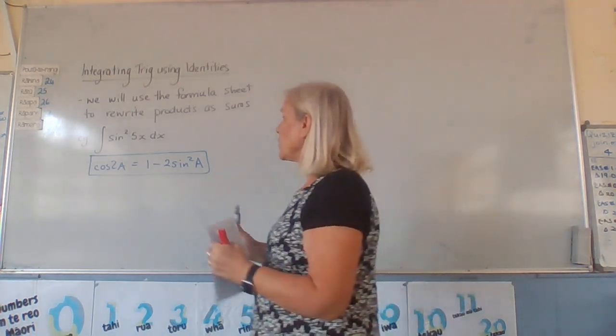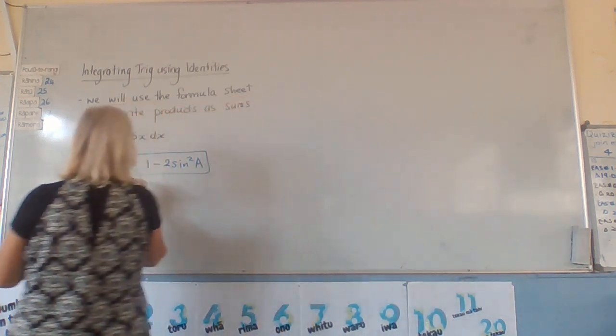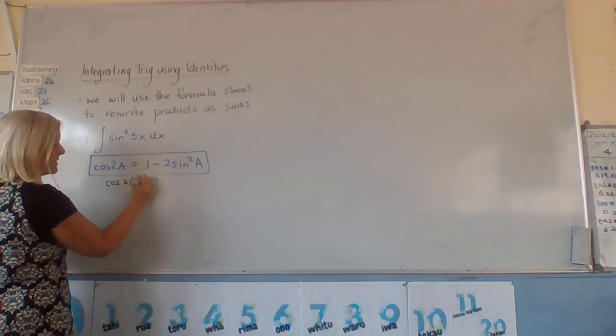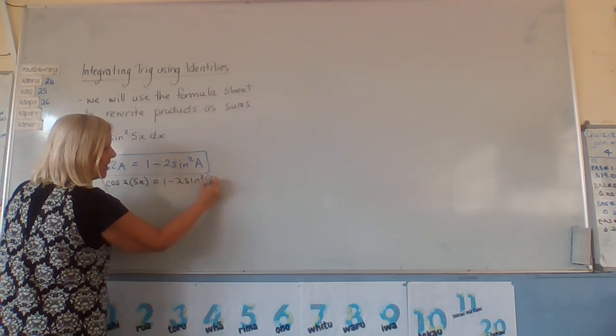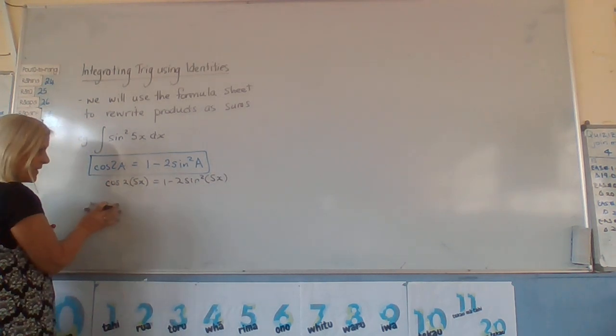So what we are going to do is we're going to rewrite this. So it's in there, and we're going to rewrite it. So we've got cosine of 2 times 5x equals 1 minus 2 sine squared of 5x. We want sine, this bit here, over here.